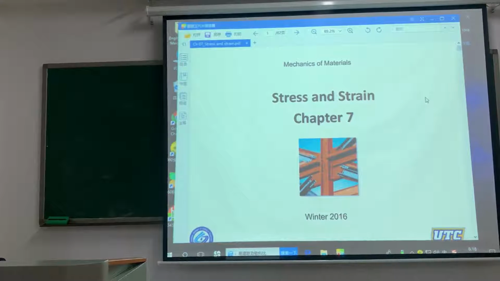If you know the loading acting on the member, how do you know the loading acting on the member? We have to find it from statics. You learned it in the last semester. After you know the loading acting on the beam, we have to find the stress distributing in the beam.